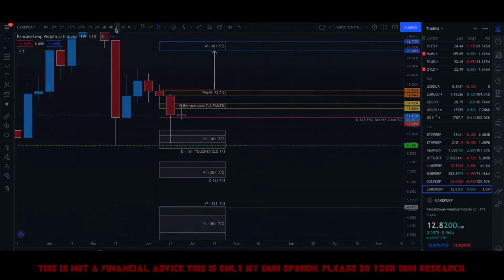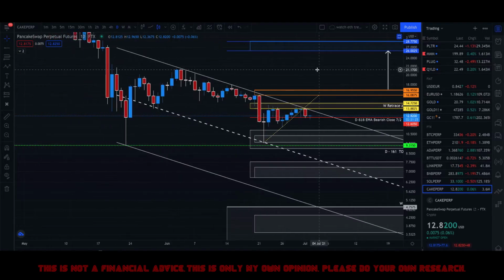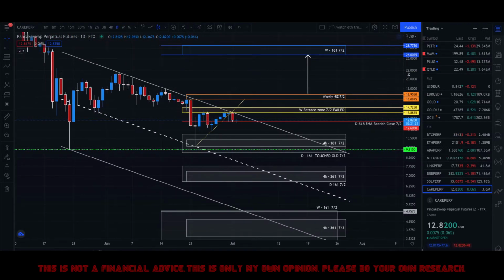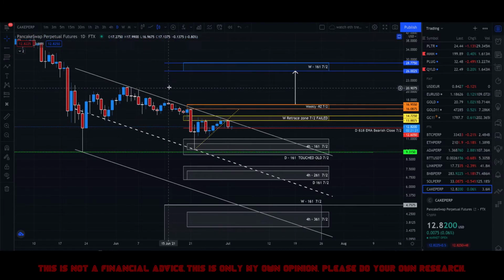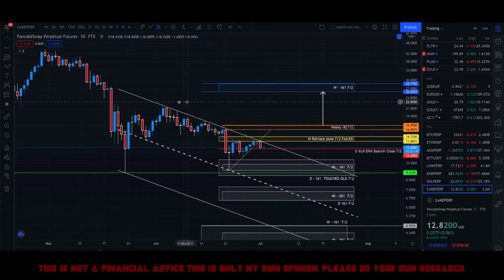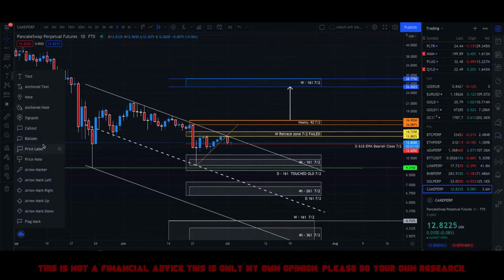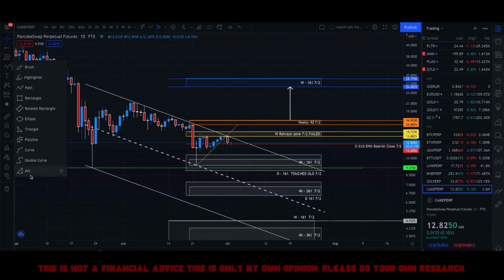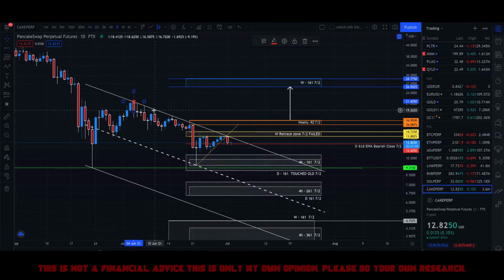Now going down to the daily time frame, we see here that we got rejected multiple times, right? We touched the upper border of the channel, and we got rejected here, we got rejected here, got rejected here, right? We got rejected here again.